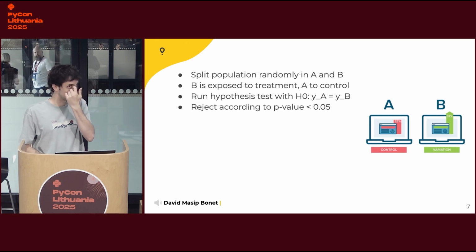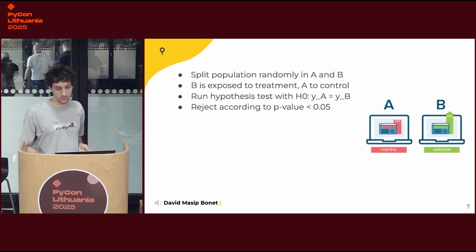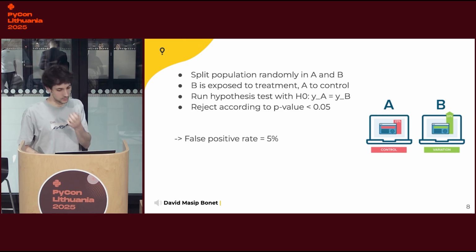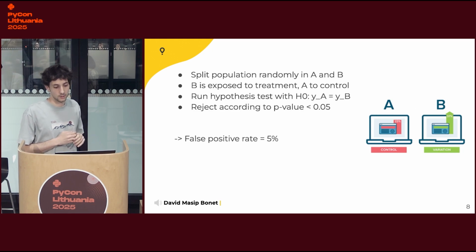If the p-value is very low, it means that you're probably wrong in your null hypothesis. A p-value of less than 0.05 is the same as saying your false positive rate is going to be 5%, which means out of 100 times that you didn't do anything, that you tested a placebo, in 5 of them you're going to say that you have something different, whereas in reality you didn't.